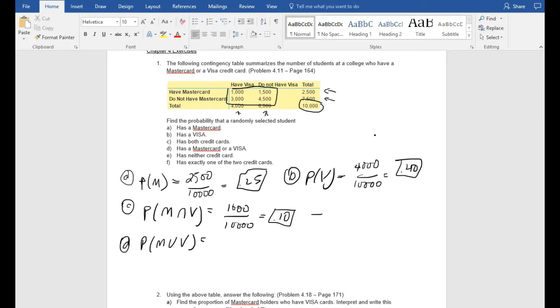We saw in C that there are 1,000 students that had both cards.